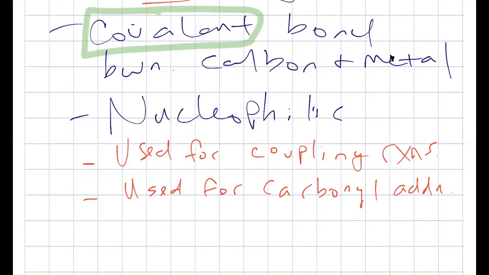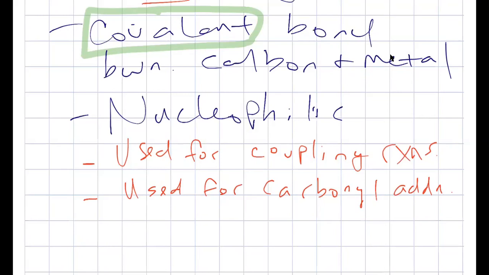So both of them are very important. I know we were talking about stereochemistry, and I was showing you a bunch of different drugs. Sometimes those carbon-carbon bonds are really difficult to make, and they make those using organometallic coupling reactions. So we'll talk more about that.